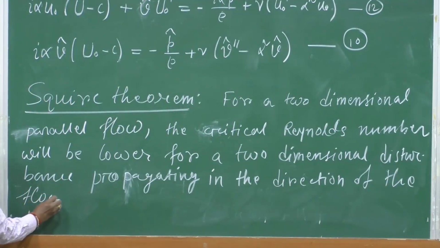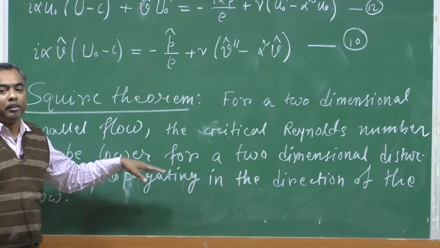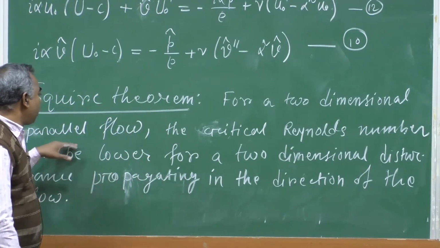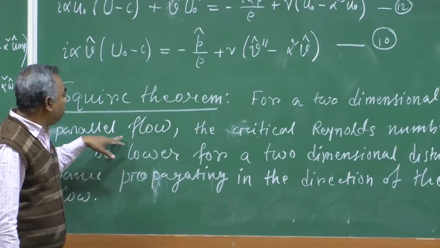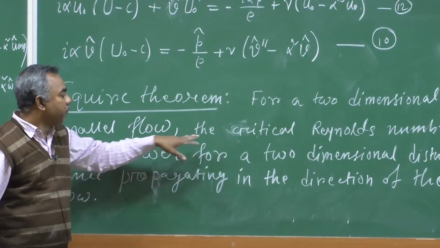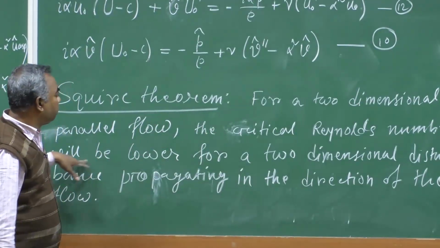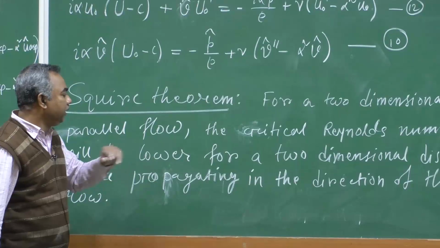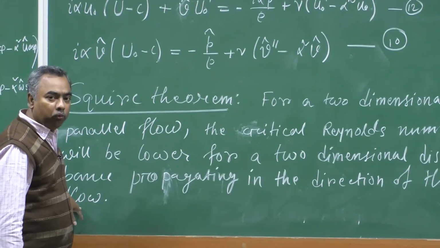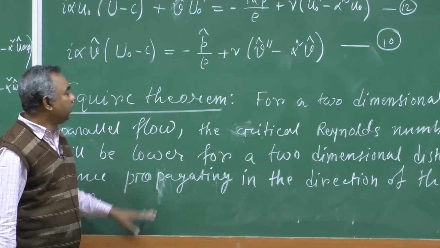Okay. So, for a 2-dimensional basic parallel flow, the critical Reynolds number will be lower for a 2-dimensional disturbance propagating in the direction of the flow. Okay. So, that is what Squire's theorem is.